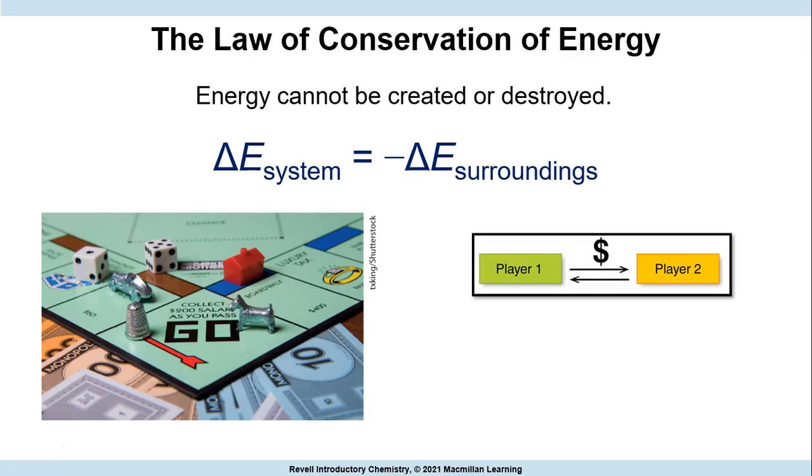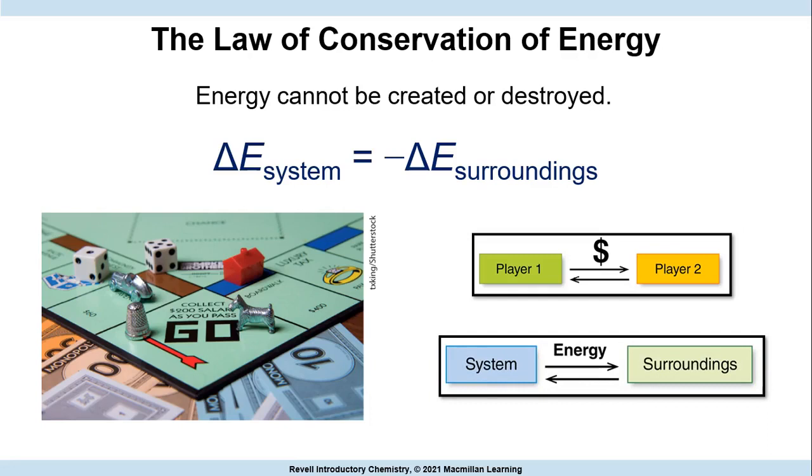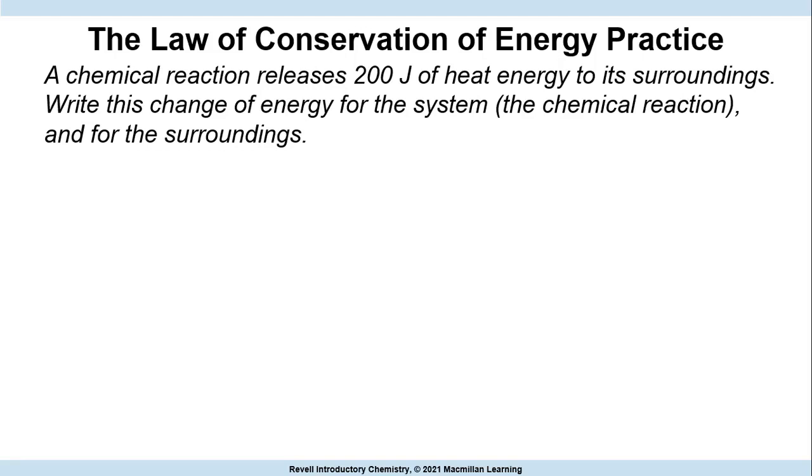That is the same as the energy. For energy, the energy can only move between the system and the surrounding. You cannot lose any energy. So that brings us to state that the energy of the system is equal to the energy of the surrounding. So the energy cannot be lost. You cannot create energy and you cannot destroy energy.